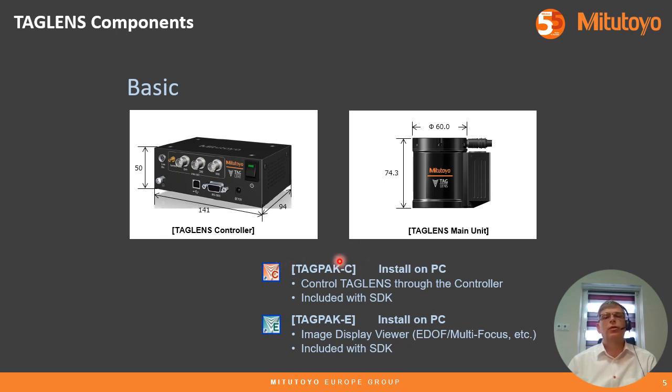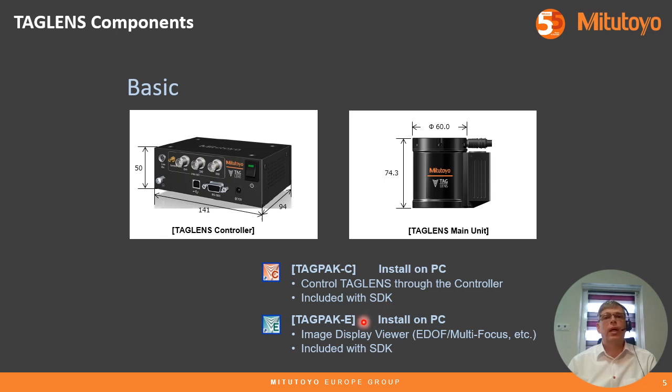This is a standard software that comes with the TAGLENS and is necessary to run the TAGLENS and all of its features. The KSC comes with an SDK, a software development kit. So it's easy to integrate all functions that are necessary to run TAGLENS in an own software.